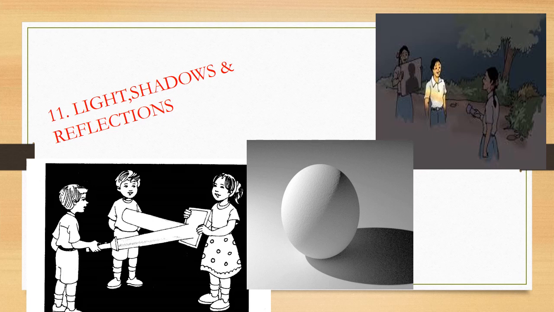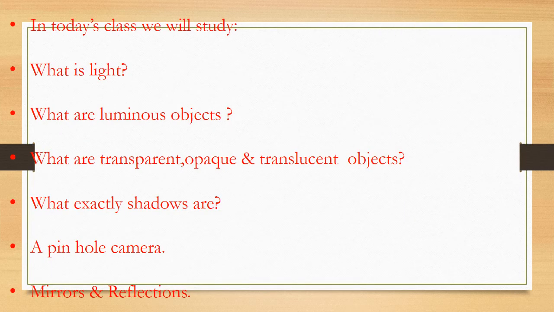What are their effects? So in today's class we will study what is light, what are luminous objects, what are transparent, opaque and translucent objects, what exactly shadows are, a pinhole camera, mirrors and reflections.